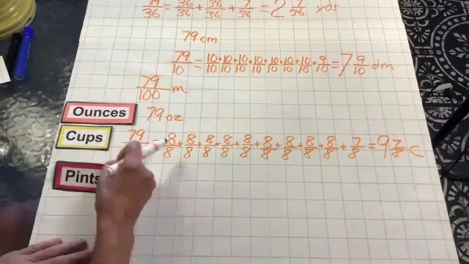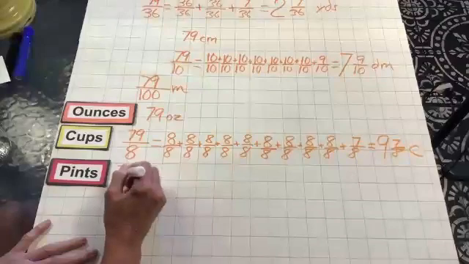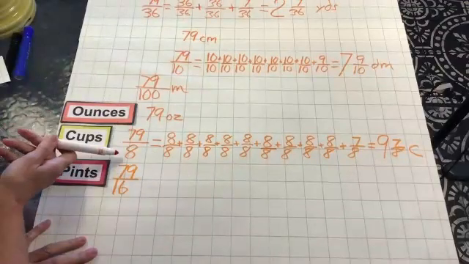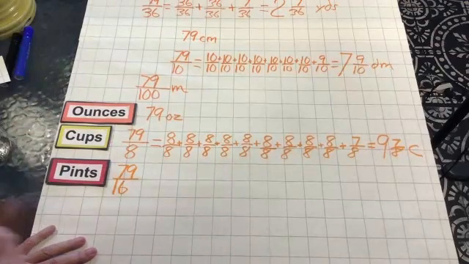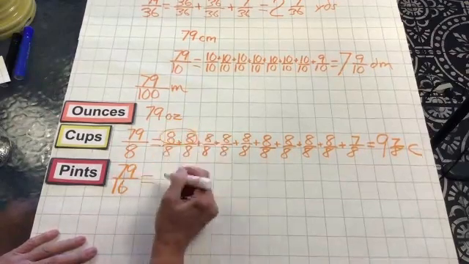All right, let's use that to find pints. It takes 16 ounces to make a pint. We have 79 ounces. So the top number is representing the ounces. The bottom number is representing the sets we're putting it in. So to make pints, we need sets of 16. So up here, we're going to put 2 eights together. That makes 16.